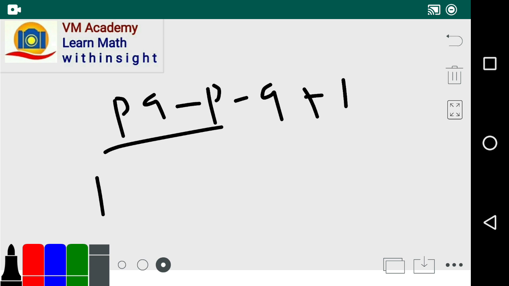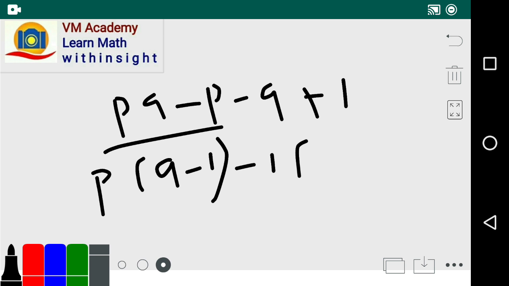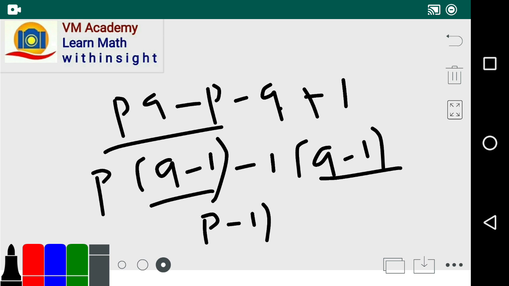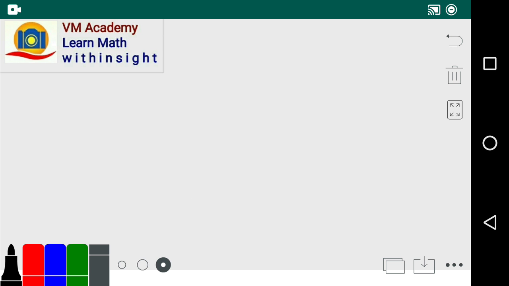Let us take P common: P into Q minus 1. And let us take minus 1 common, and this comes Q minus 1. Now Q minus 1, Q minus 1, taking common out of the bracket, we get P minus 1 into Q minus 1.